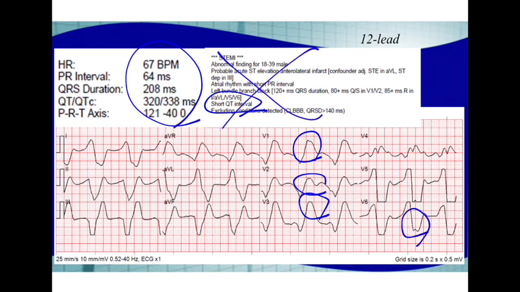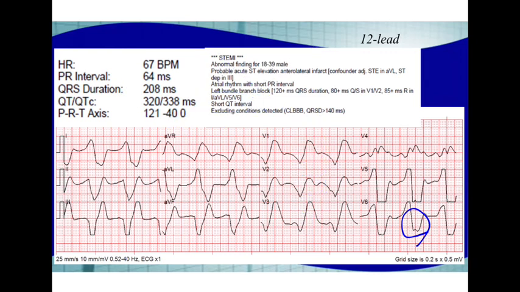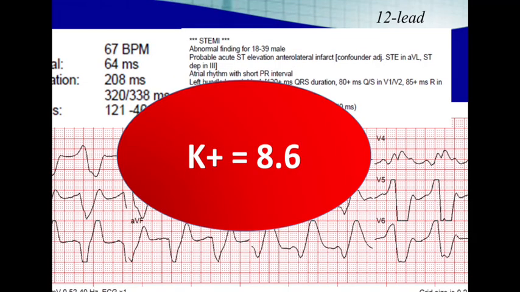Often the diagnostics are inaccurate. So no matter what the diagnostics say, we're going to have to confirm it as a clinician, as a provider, okay? So in this case, the patient is hyperkalemic and had a serum potassium level of 8.6, which is extremely high, severely high, and lethal.